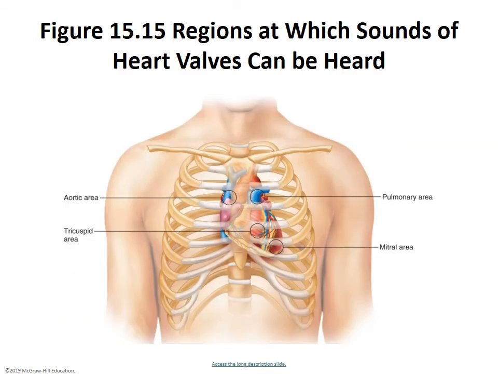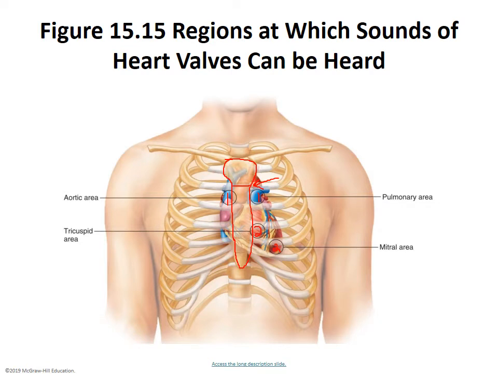All right, moving on. So these are the areas. There are 4 areas where you will listen, and I'm just drawing them because there are 2 sets. There are 4 valves. Now, when you are studying the skeletal system, hopefully it was pointed out to you that there is a very important landmark right here where the manubrium and the body of the sternum meet, called the sternal angle.